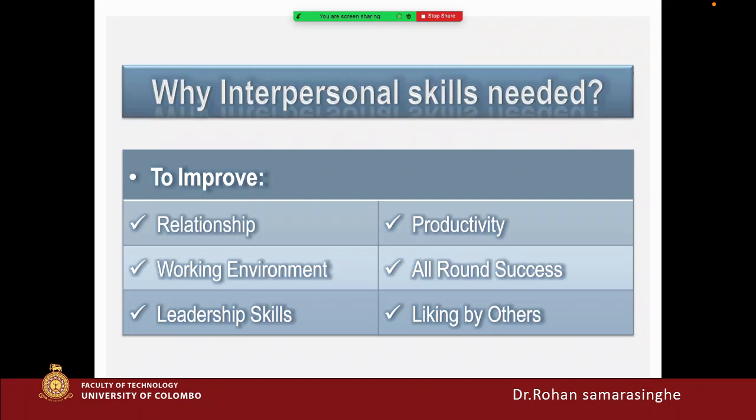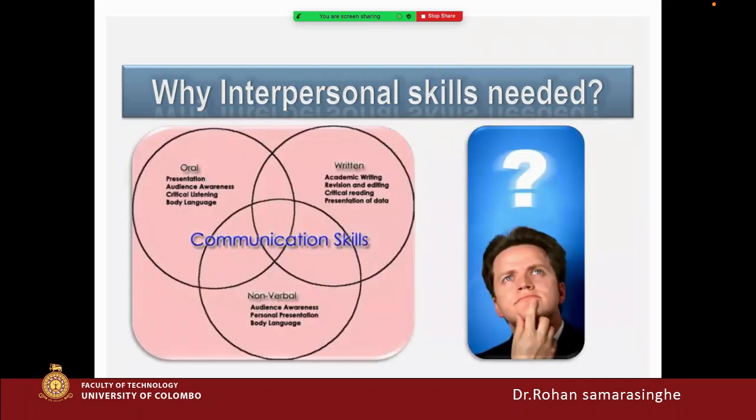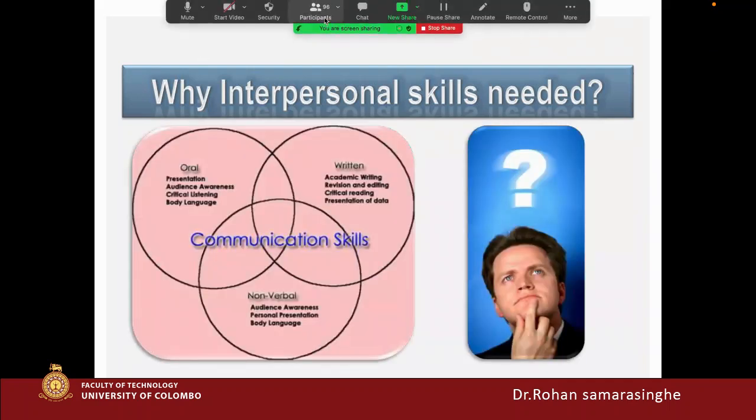Those are the characteristics by which others measure you, for all-round success. If you have a friendship with all the people without any criticizing, then you can build these interpersonal skills. So here you can see why interpersonal skills are needed.